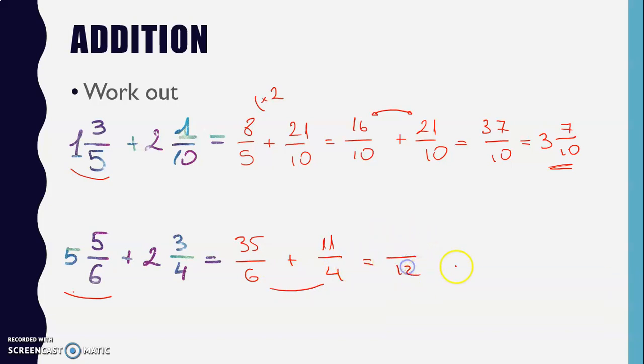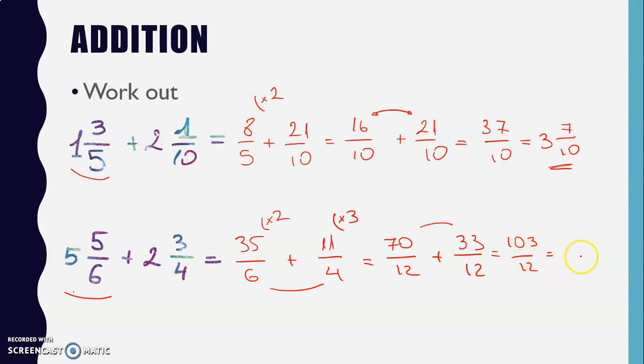So we need to make these denominators 12, which means that we multiply the first fraction by 2 and the second fraction by 3. 35 times 2 is 70 and 11 times 3 is 33, and now we simply add the numerators together. 70 plus 33 is 103 over 12, and we finally convert it back to a mixed number.